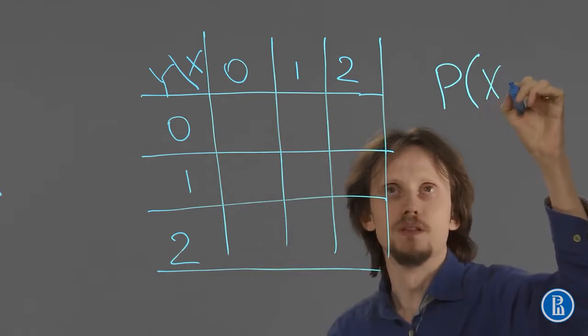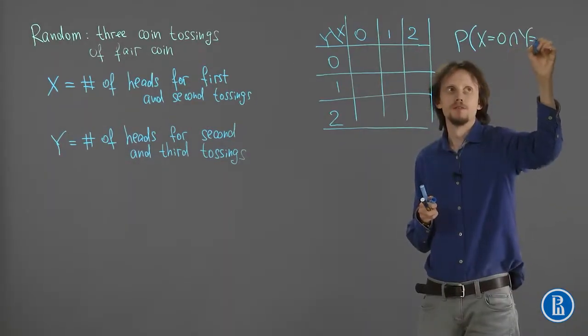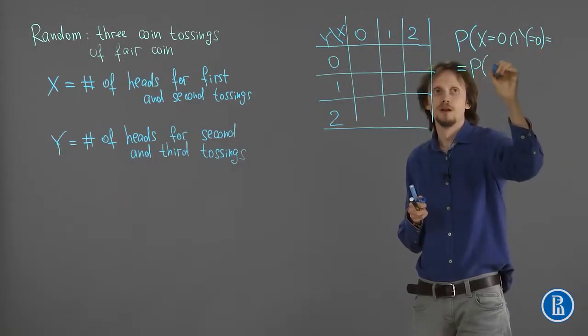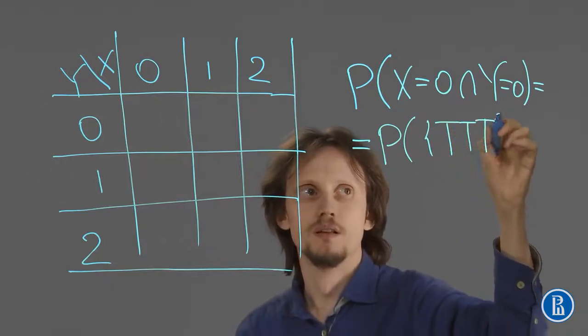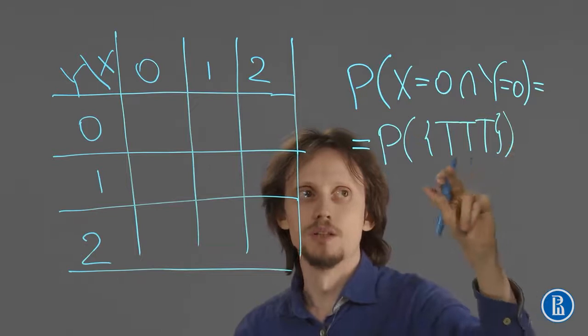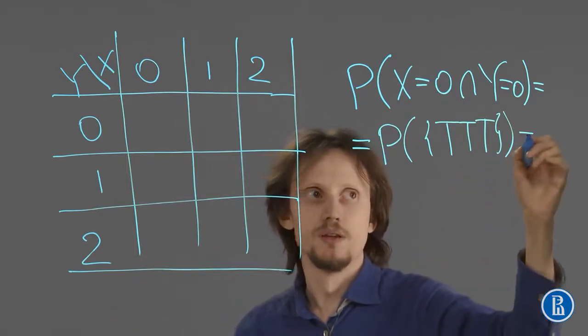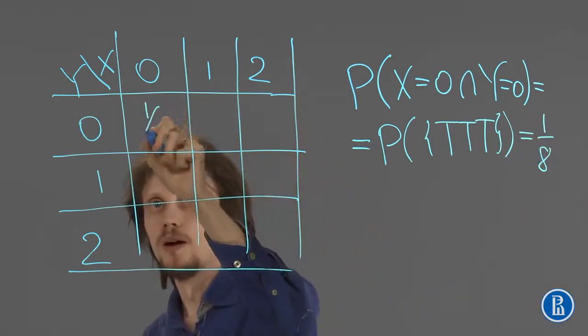So the probability is equal to the probability of one elementary outcome, tail, tail, tail. And the probability of this outcome for 3 coin tossings of a fair coin is equal to 1 over 8. So we have to put 1 over 8 here.